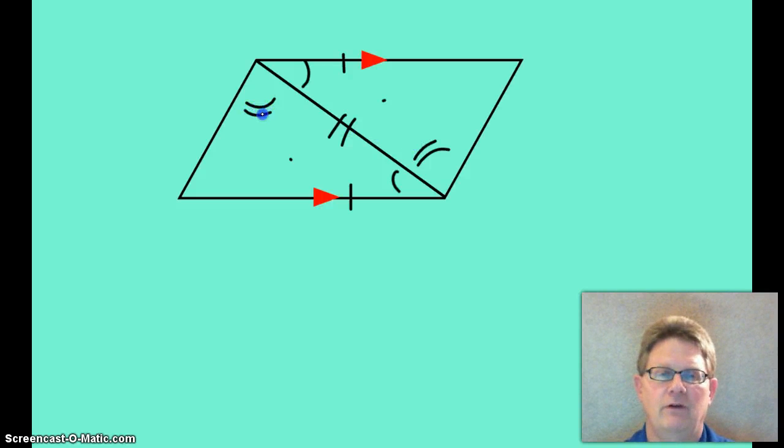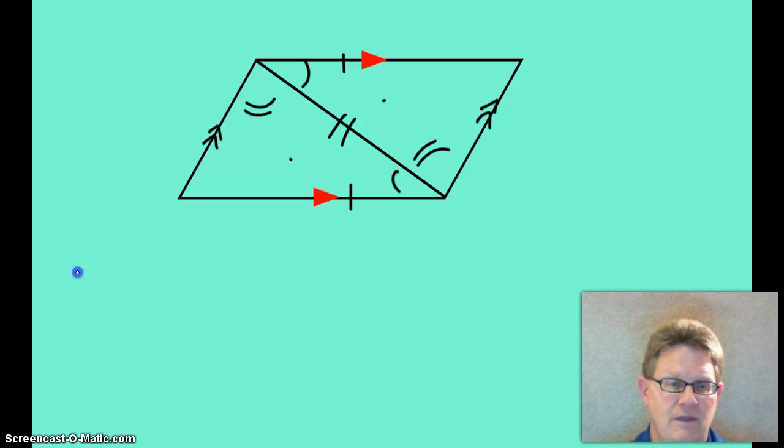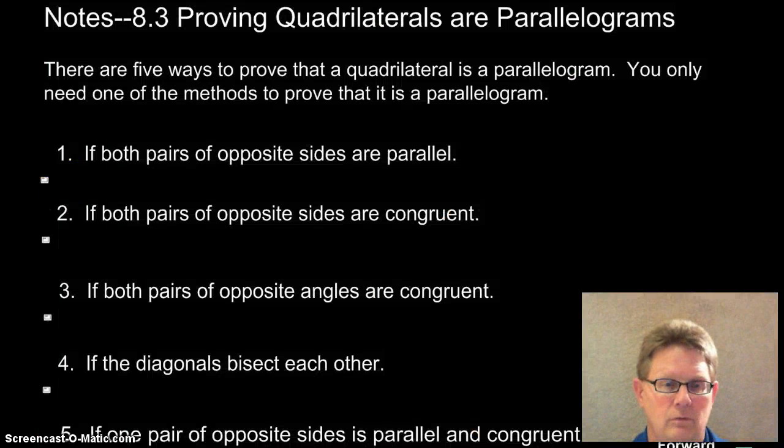Then you have the alternate interior angles congruent. Using the alternate interior angle converse, we can get this side parallel to this side, and look, lo and behold, it is a parallelogram. That's why that method will absolutely work.